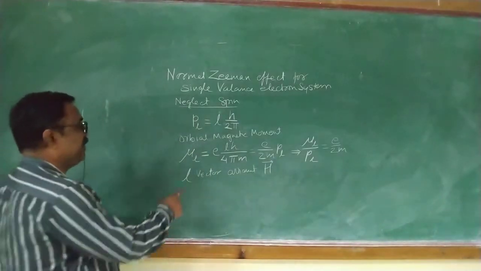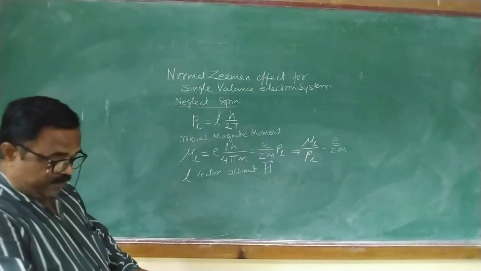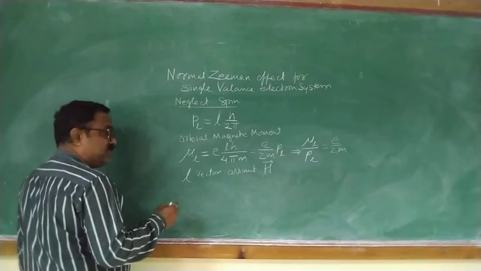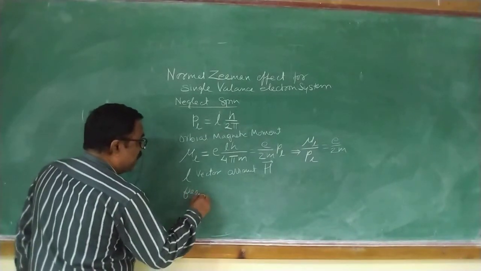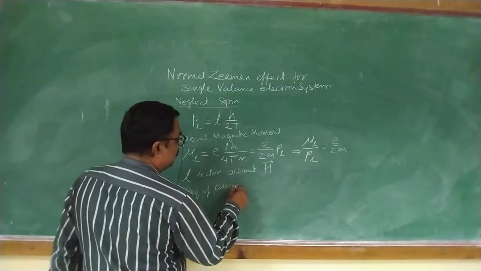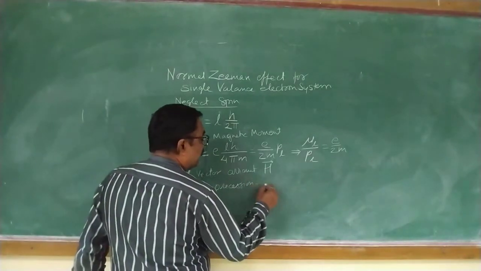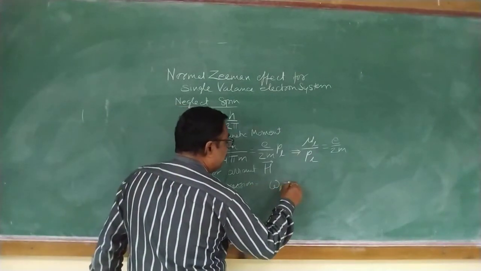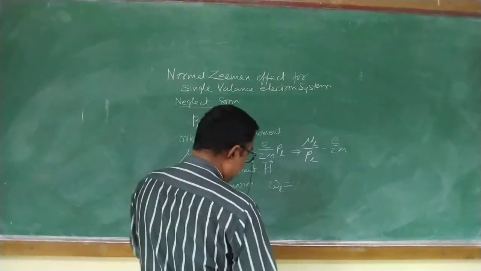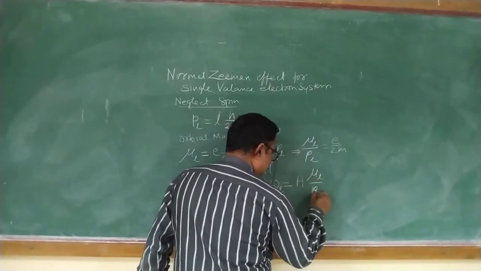It starts moving around the magnetic field, and the frequency of precession is given by omega L equal to H mu L by PL.